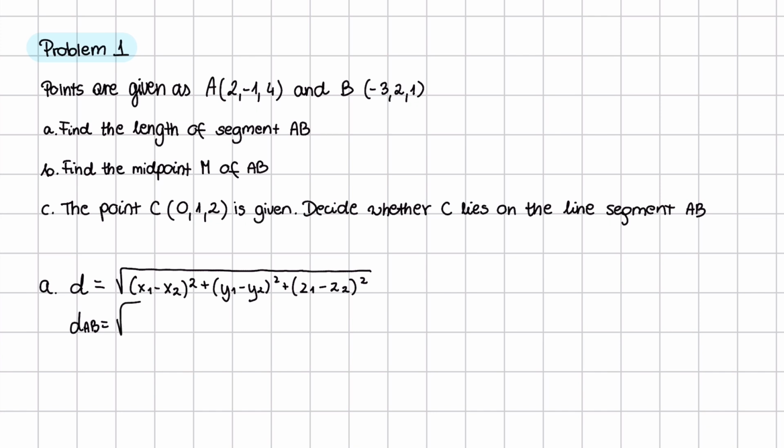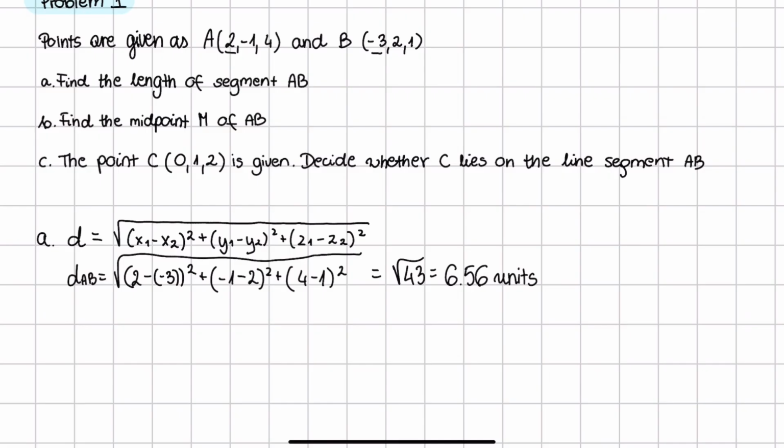So x1 is 2, so 2 minus x2, which is -3, squared, plus y1, so -1 minus 2 squared, plus 4 minus 1 squared, and we can type it into our GDC and calculate the distance.